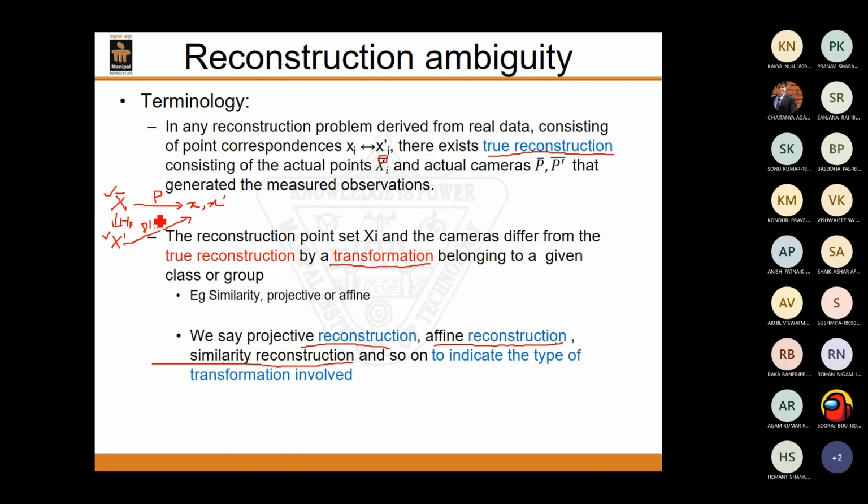So if I apply a projective transformation to the camera parameters also, I will get back the same image point pairs for both of these reconstructed scenes, and these reconstructed scenes would be related by a projective transformation. The same applies for the similarity transformation, which would be the calibrated case. If the reconstruction you have done is a similarity reconstruction, then instead of a projective transformation matrix, you can replace it by a similarity transformation matrix.